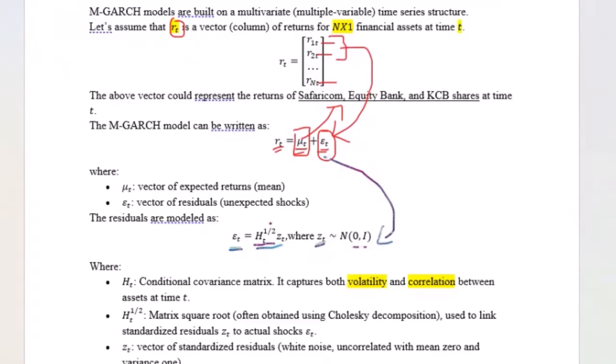What you need to understand about this error term is that this H_t is a conditional variance matrix where it captures both the volatility and correlation of the assets.